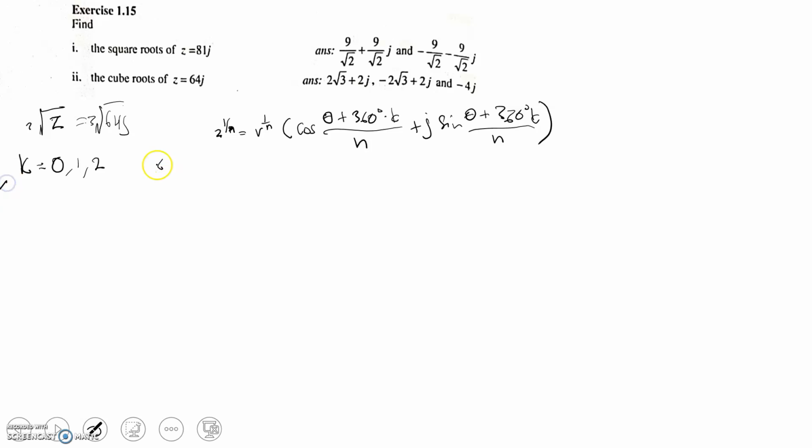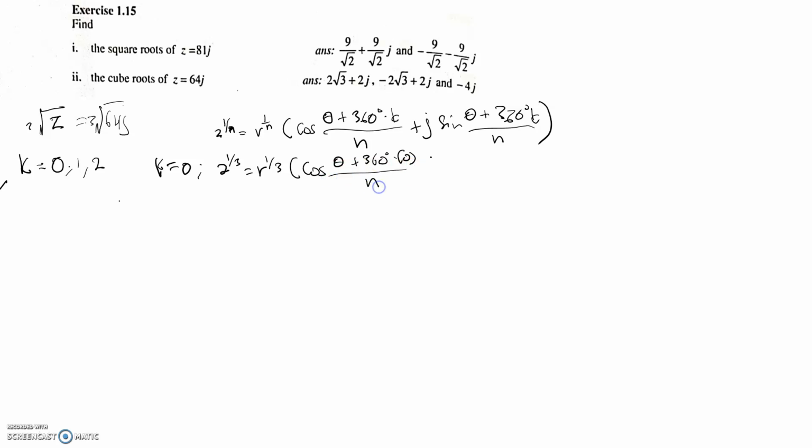So let's go for k equal to 0. For k equal to 0, we're going to substitute z to the power 1 over 3 equal to r to the power 1 over 3, cos of theta plus 360 times 0 over n, plus j sine of theta plus 360 times 0 over n, and the n here, we know already, will be 3.